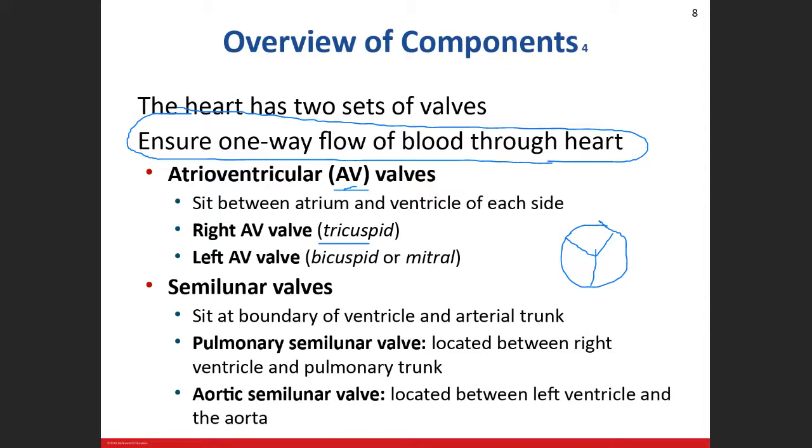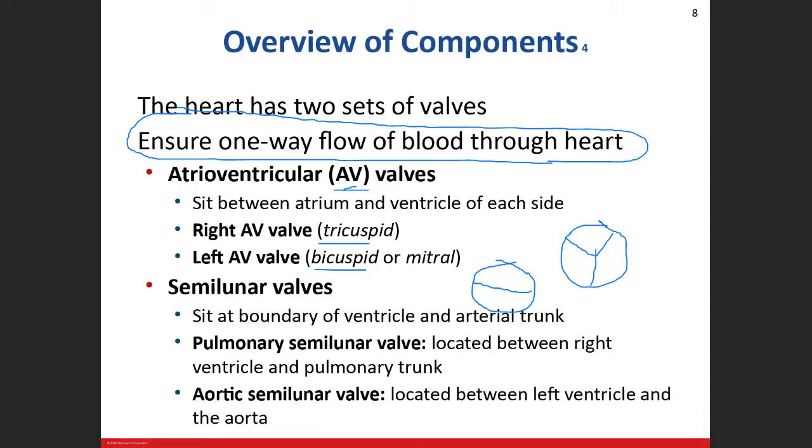Then the left atrioventricular valve is what we call a mitral valve or the bicuspid. You need to know all these, by the way, too. And so it will look something like that. It has two leaflets, bicuspid, also known as mitral. Okay, so those are the valves that are in between the chambers of your heart.